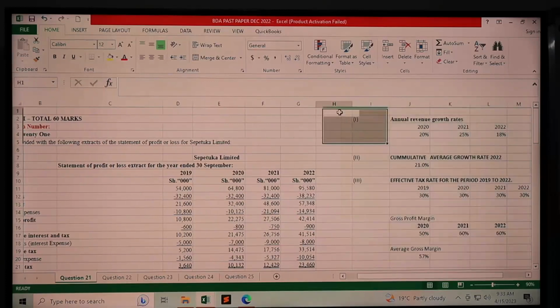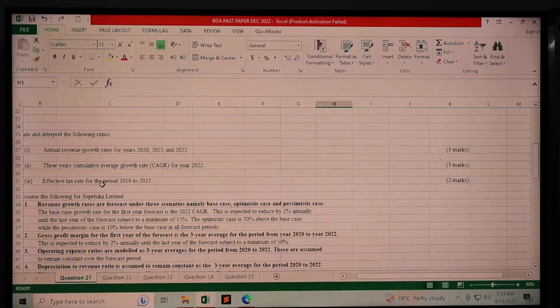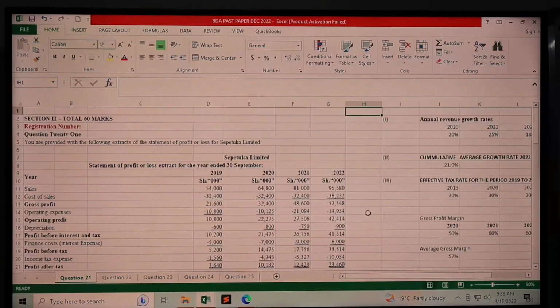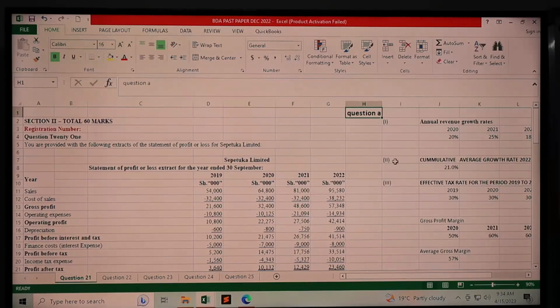That is, you have to indicate here that whatever you are solving is question A. Maybe you write there, we are solving question A. And question A has those 3 solutions, as we have seen there.